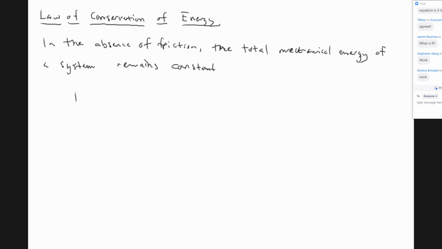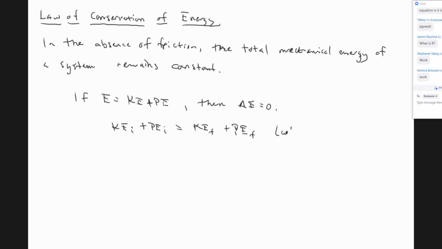So it's basically saying that if energy consists of only kinetic plus potential, i.e. mechanical energy, and there's no friction, then the change in energy of my system is equal to 0. And in doing so, we can say that initial kinetic plus initial potential is equal to final kinetic plus final potential.